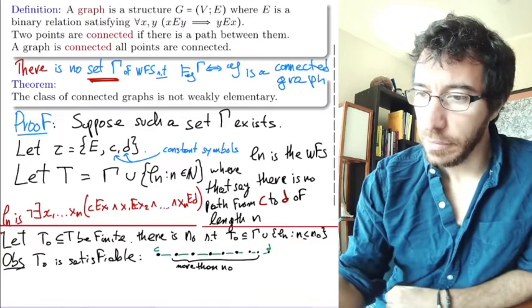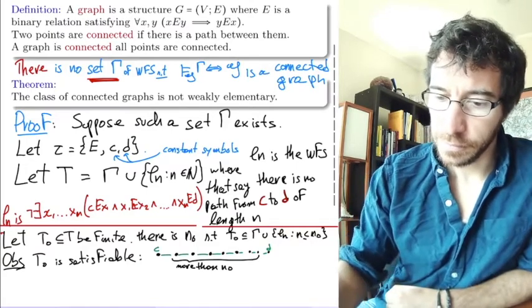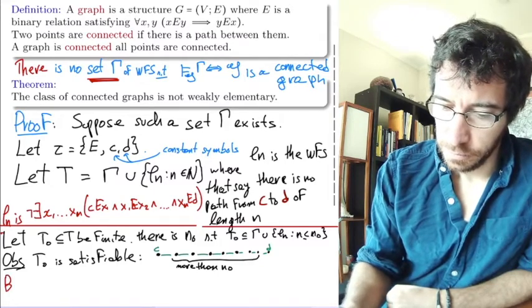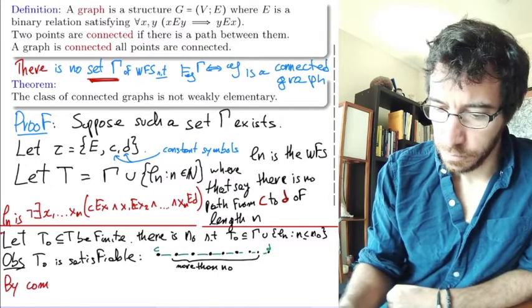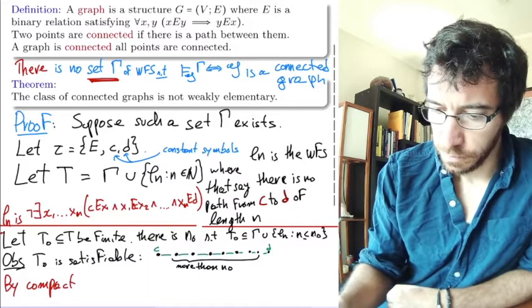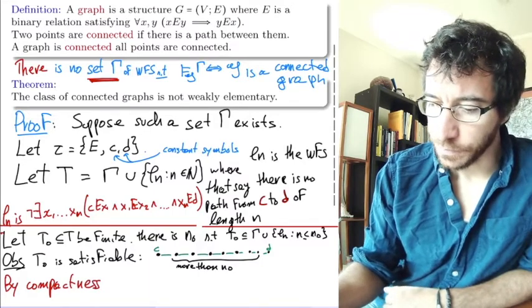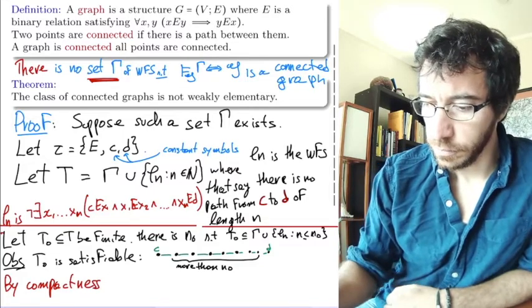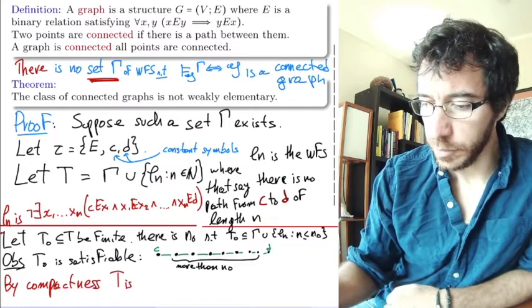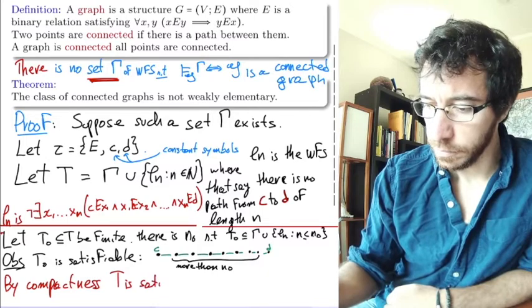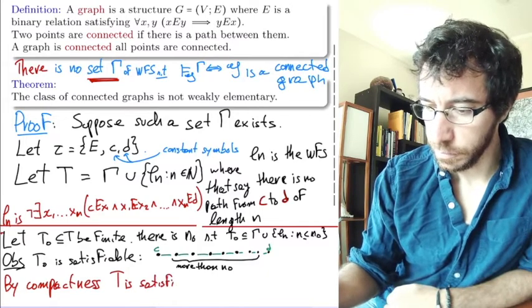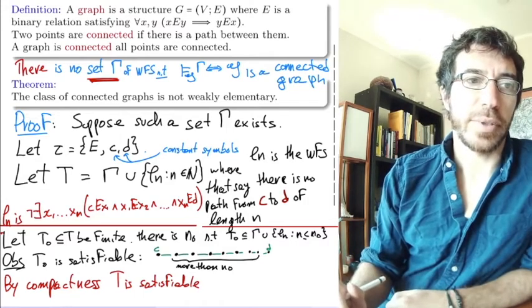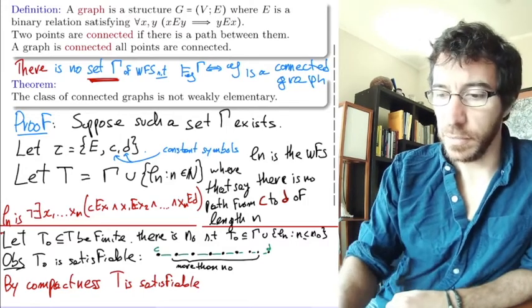So by compactness, T is satisfiable, but that's a contradiction because T says what?